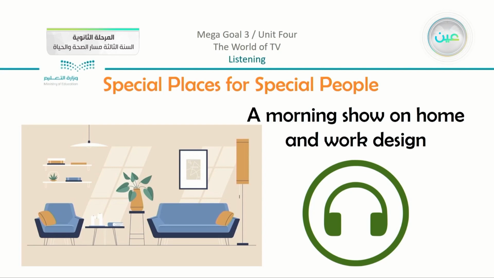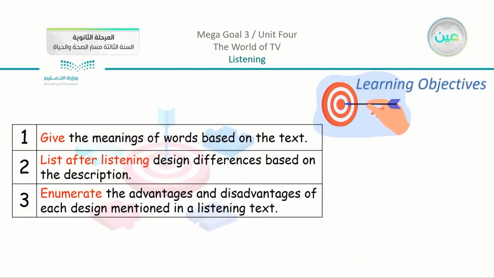We are going to listen to an interview, which is actually a morning show. The topic is about home and work design. Our objectives are: one, give the meanings of words based on the text; two, list, after listening, design differences based on the description; number 3, enumerate the advantages and disadvantages of each design mentioned in a listening text.